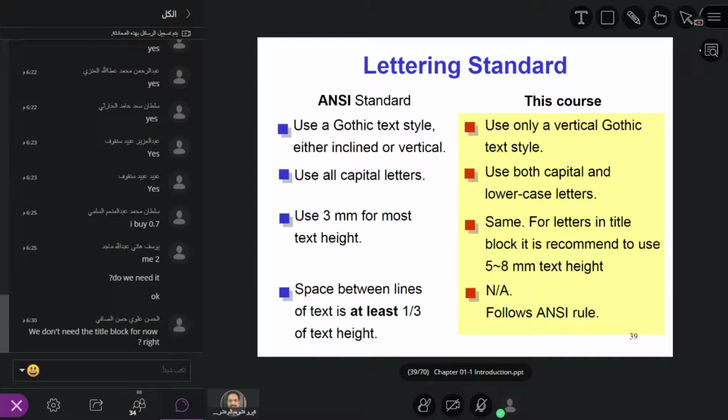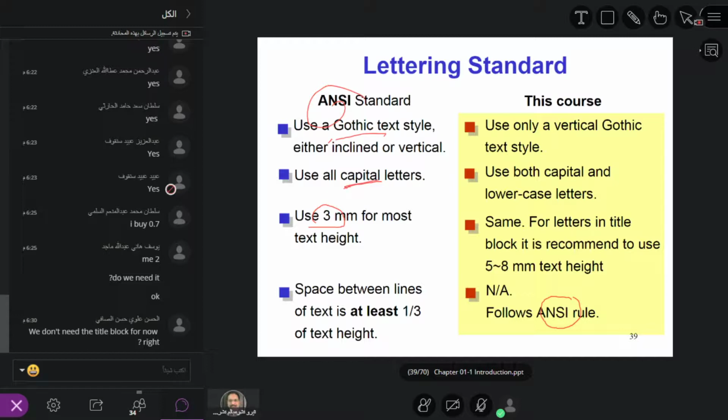Lettering standard, American standard. So we are using any of this in this course. I don't think this will be very important to you, but anyway, capital letters, and then use 3 mm for most of the text height. So this is for professional engineers, but for us now, according to the ANSI rule, American National Standards Institute, they have used a Gothic style.